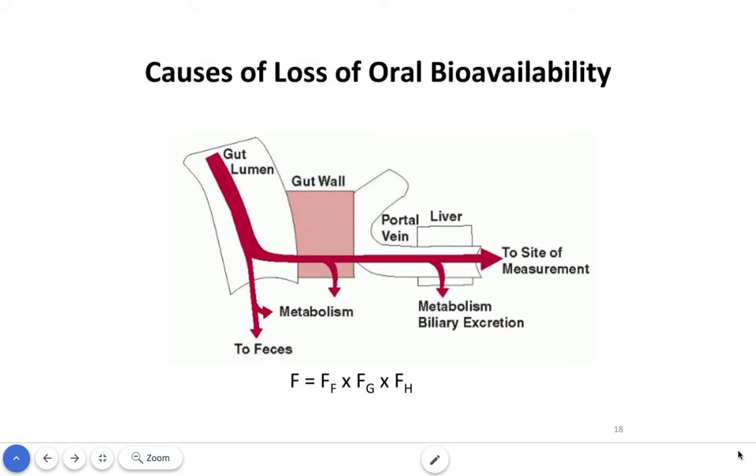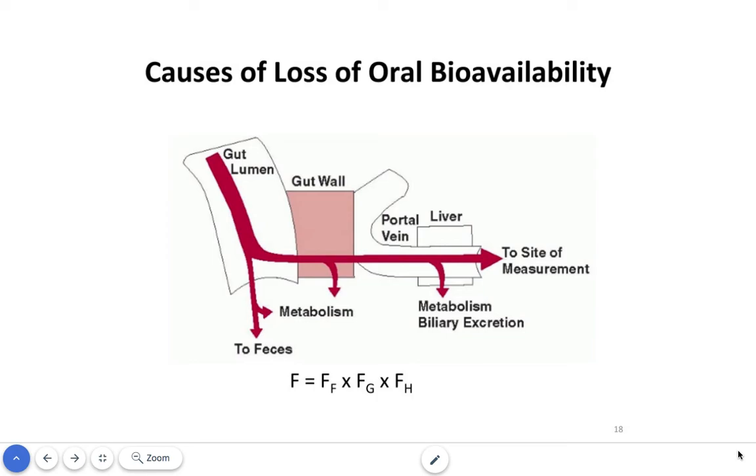Now, this diagram schematically shows some of the primary reasons for loss of bioavailability. A drug that is given as a solid or solution encounters several barriers and sites of loss during its progressive and sequential movement from the GI tract to the systemic circulation.